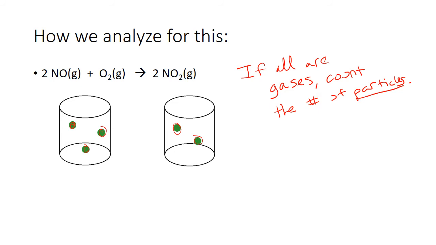According to the universe, it's going to be 3. More chaos over here because there are more gas particles. You only do this if all are gases. So in this case, the reverse reaction would be favored by the universe from an entropy perspective because the reverse reaction would produce more chaos.